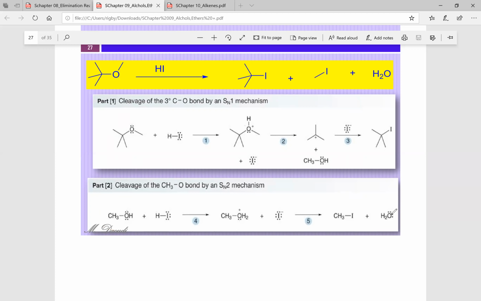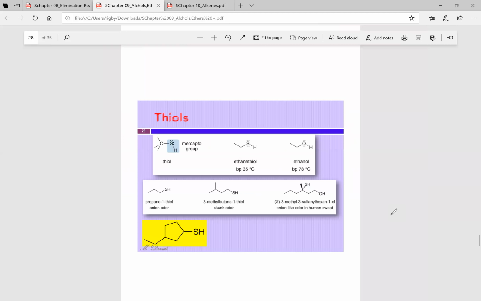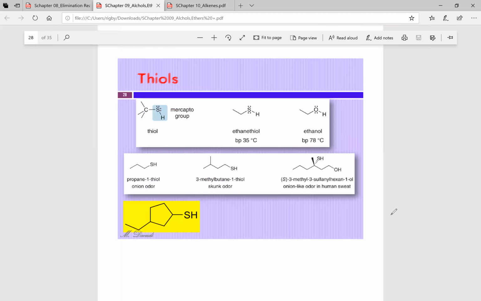All right. So thiols. This is a little bit different from the rest of the chapter we've been discussing, but the reason we talk about thiols is because sulfur has very similar connections to oxygen, and we can see that in the periodic table because they're in the same column. Oxygen is right above sulfur. The mercapto group, the SH group, is similar to the hydroxy group.